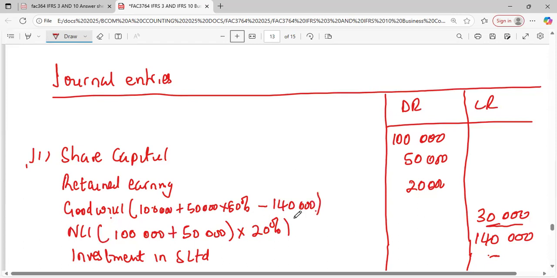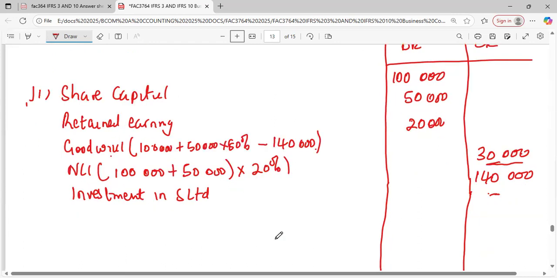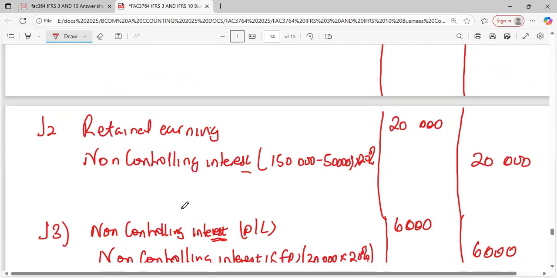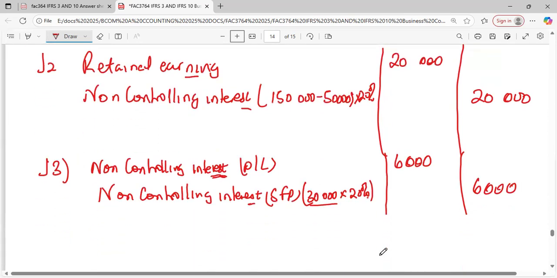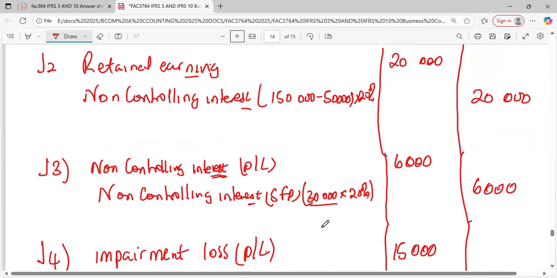So if you don't want to do the analysis, let's say the question requires you to do the journal entries, you can still calculate your goodwill. You can still calculate your NCI. You can still calculate even here your non-controlling interest that goes to your retained earning. Even on the profit for the year, you can still calculate it. So the analysis is just a calculation.